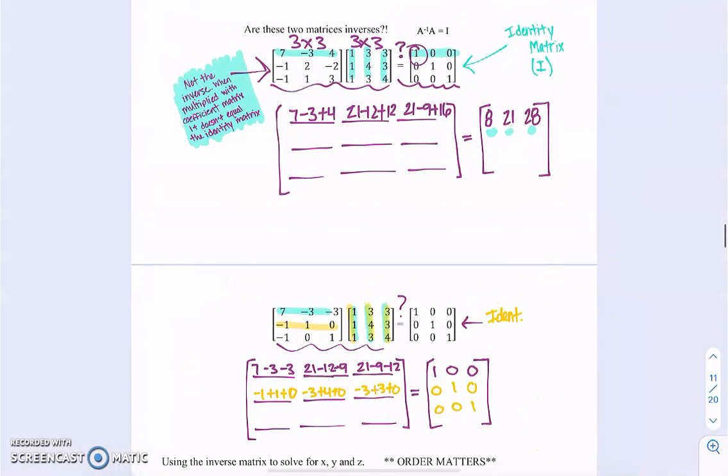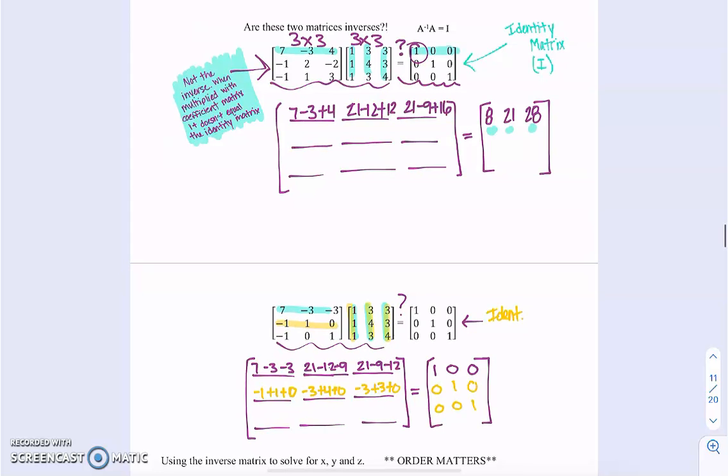You're just checking to see if it is the identity matrix, or if it will not be, to see if they are inverses. It is the inverse matrix, that little negative 1, if when you multiply it with the coefficient matrix, it gives you this identity matrix of 1, 0, 0, 0, 1, 0, 0, 0, 1. That is the goal at hand. If it doesn't do that, we can't use it to solve our systems of equations.